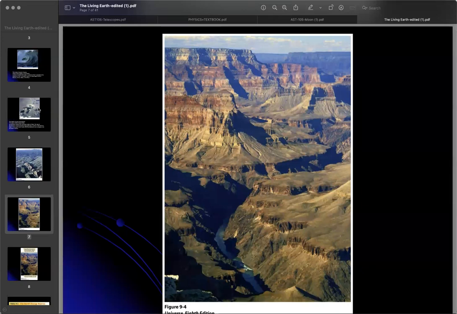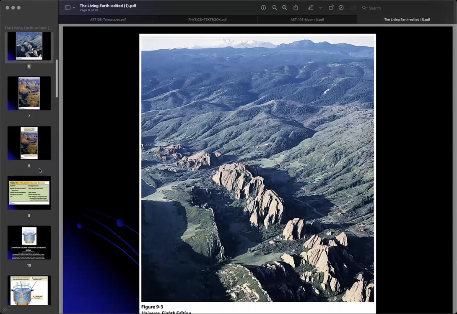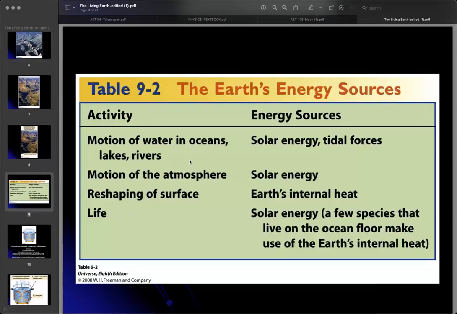All of that complexity is powered by the sunlight. Only the movement of the Earth's surface is not powered by sunlight, and it is because of the internal heat of the Earth.